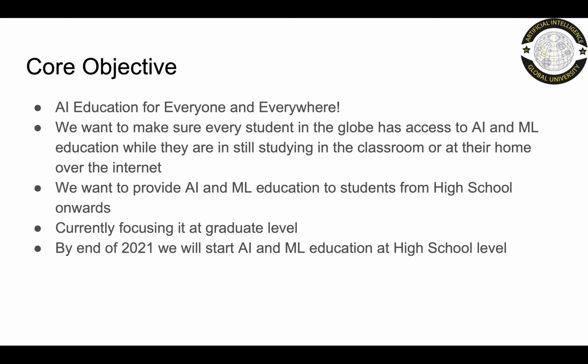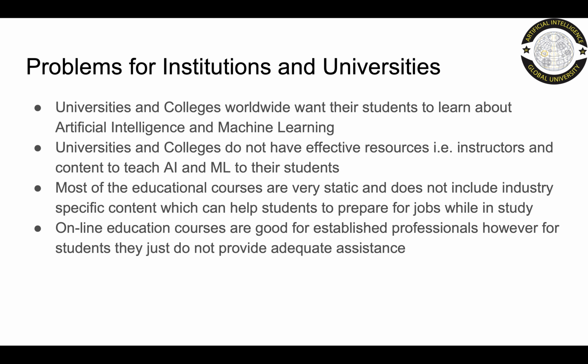At this point, we are focusing on students who are at graduate level and, in the Indian subcontinent, what we call intermediate, so intermediate and above. Our focus is that by the end of 2021, we will be able to make this education so simple that it can be delivered at a high school level as well.